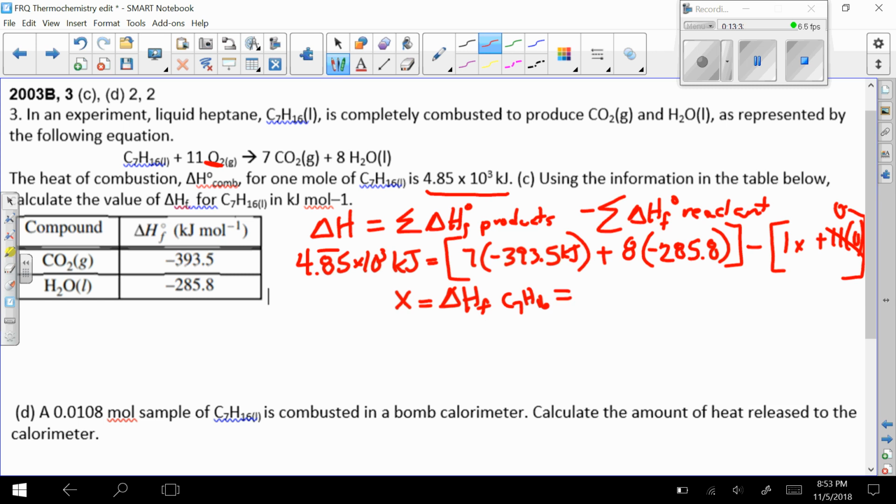When we add all those numbers up or subtract all those numbers, we get negative 191 kilojoules per mole. So we get 1 point for correct coefficients for those, and 1 point for correct substitutions.